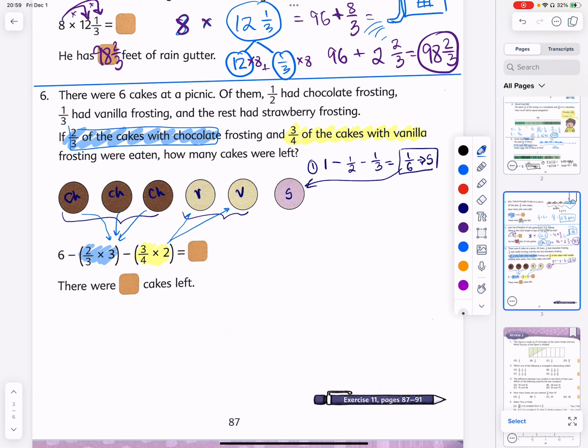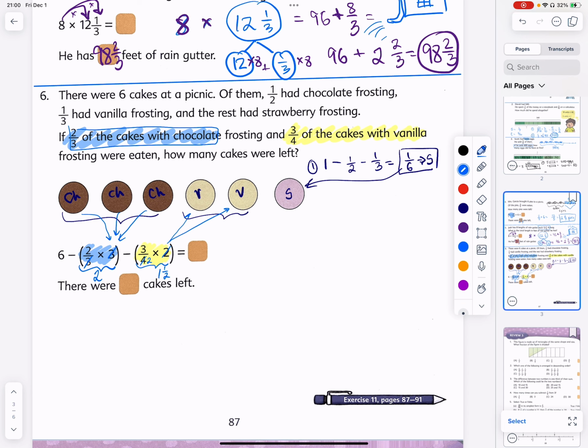So let's go step by step. I always encourage students to go step by step. So step 1, let's compute the expression in parentheses. Simplify before you multiply. That means 2/3 of 3 is actually 2 cakes were eaten. 3/4 of 2 is 1 1/2 cakes eaten.